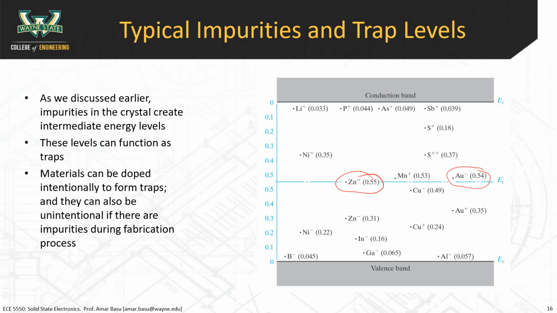So let me tell you what I mean by unintentional impurities. You guys have seen pictures of silicon wafers that have the computer chips on them. They are made using a process that creates an N-type material here, and then creates the source and the drain next to it.